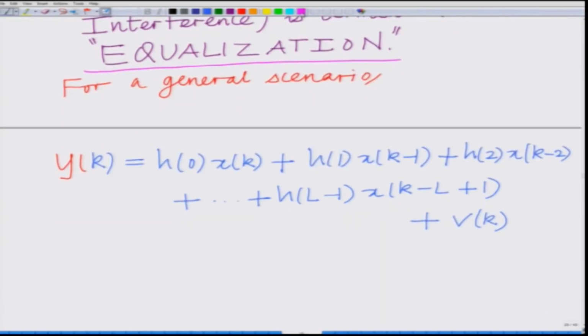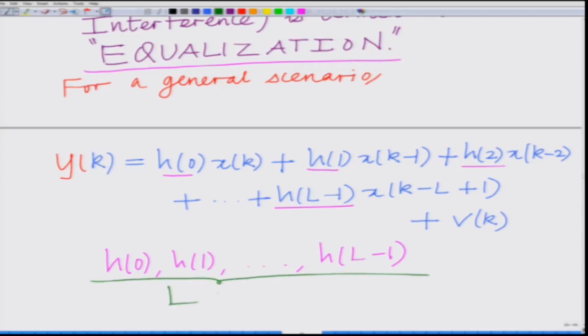Therefore, you have L channel taps. So, you have h0, h1, h2, up to hl minus 1. These are the coefficients, these are known as the channel taps.